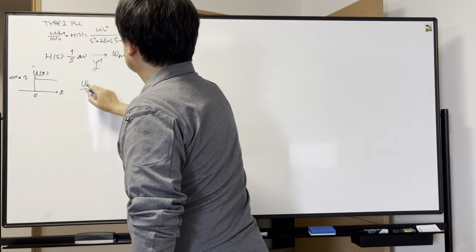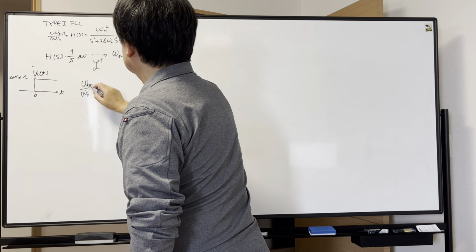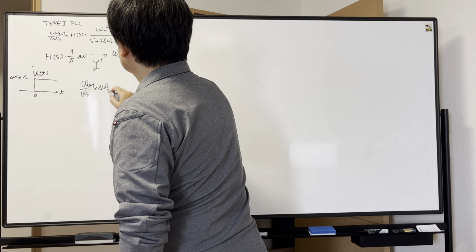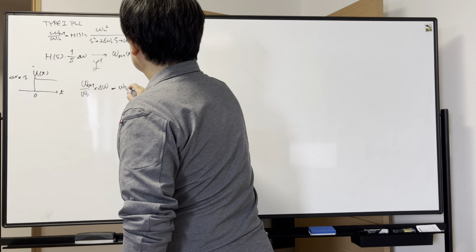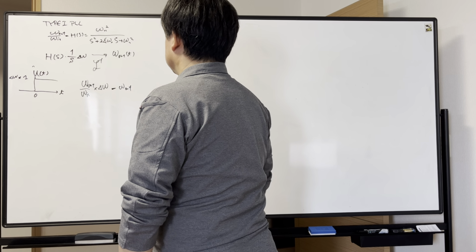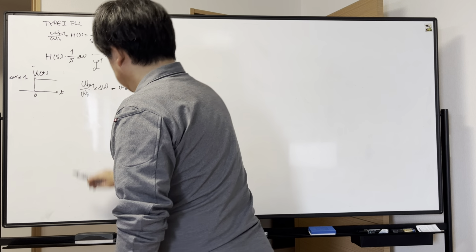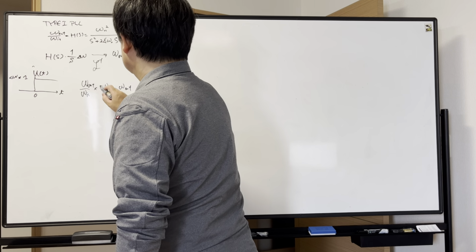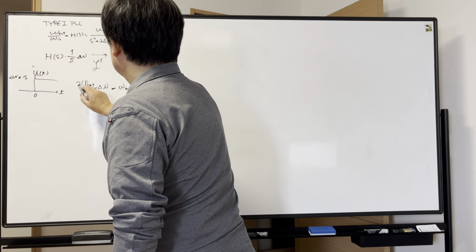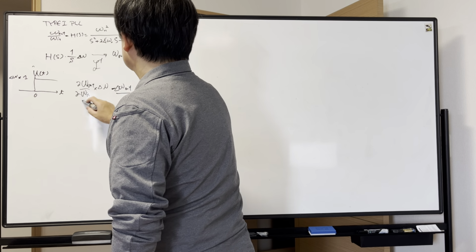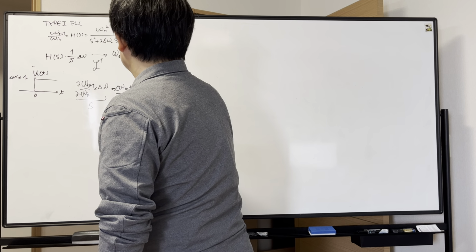Omega out is omega in times delta omega, this is like this. And this is S space and this is T space.